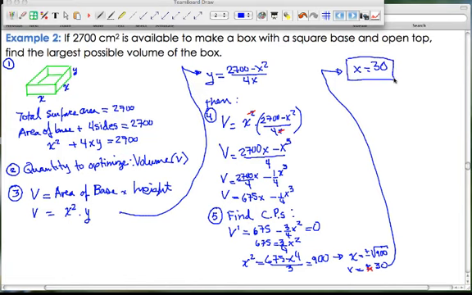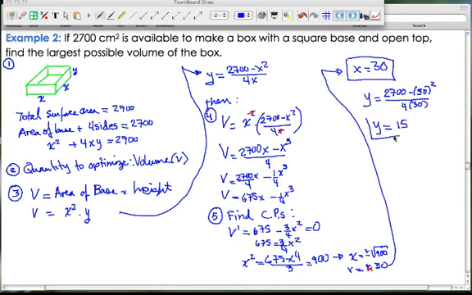But we know that the volume of our box depends on X and Y. So what we need to do now is find the value of Y for X equals 30. We go to the expression that relates X and Y. So Y, when X equals 30, would equal 2700 minus 30 squared, everything divided by 4 times 30. If we operate carefully, we obtain that Y equals 15.